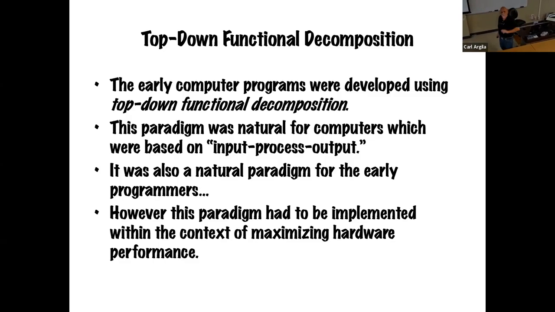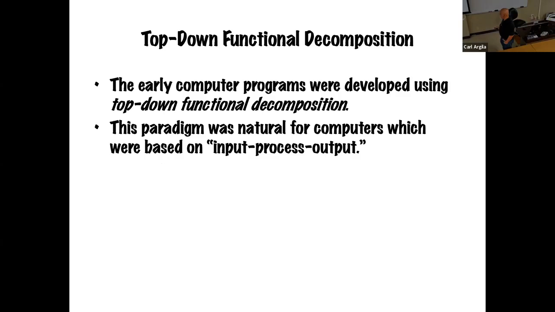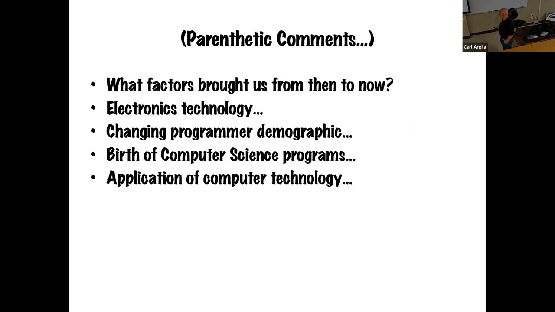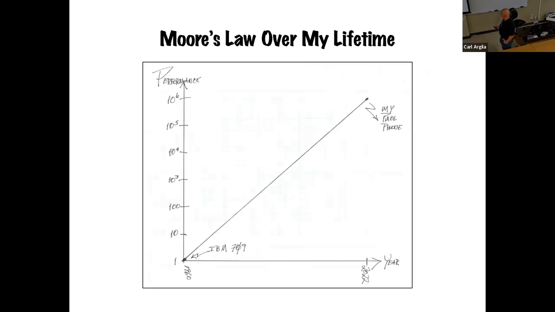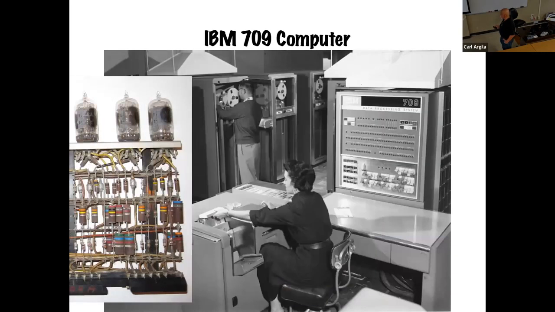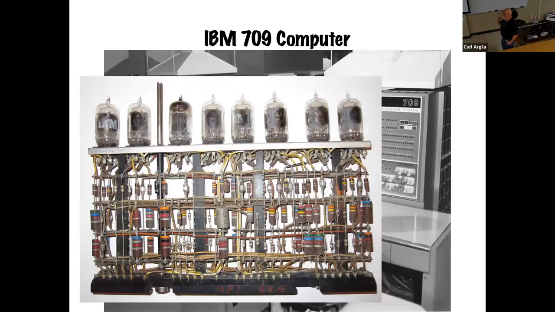However, and I'm now about to give you a very important key point, all of this had to be implemented within the context of maximizing hardware performance. So remember, this is such a key point that I have to go back to the very beginning. Remember, I'm dealing with a $1 million computer that stores 1 byte of data on a circuit board like this.